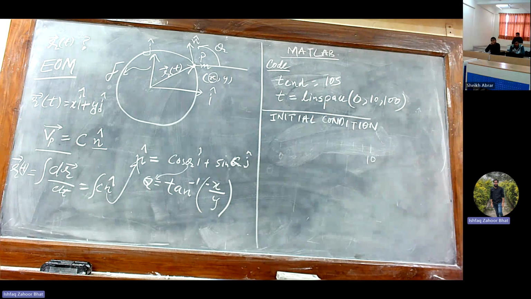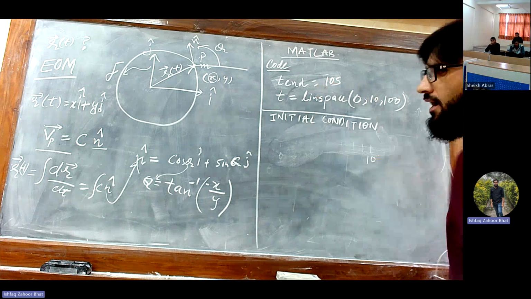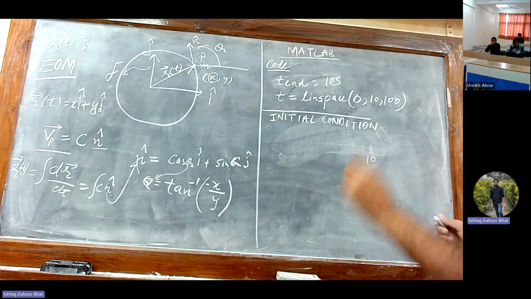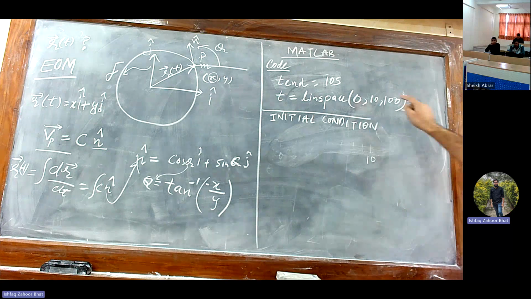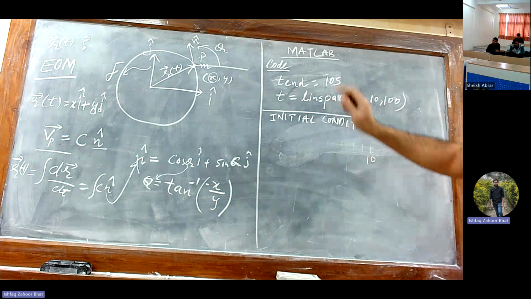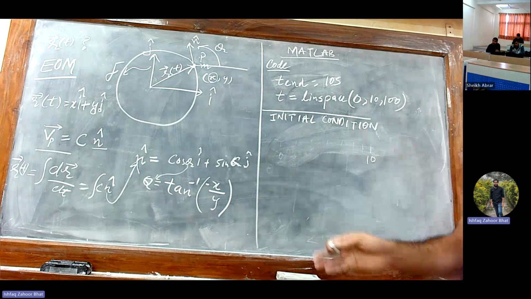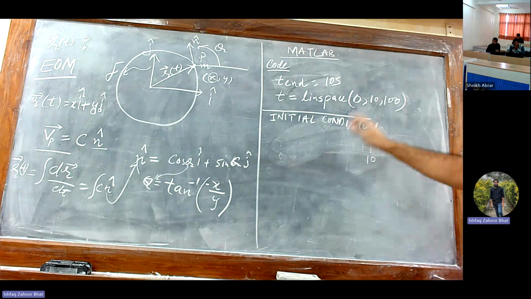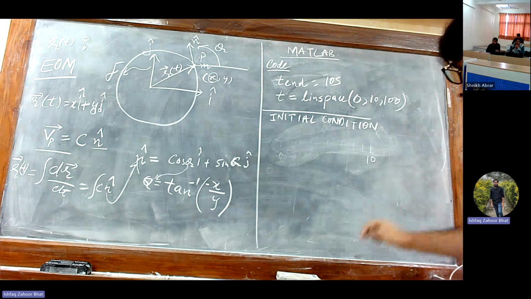Second, we break this time into steps: 0, 0.1, 0.2, and so on up to 10 seconds. Okay, this is what linspace does. When we go to Matlab, I will also show you what this linspace does. But here, this is what it does.